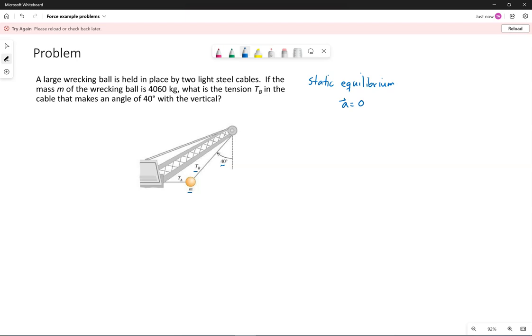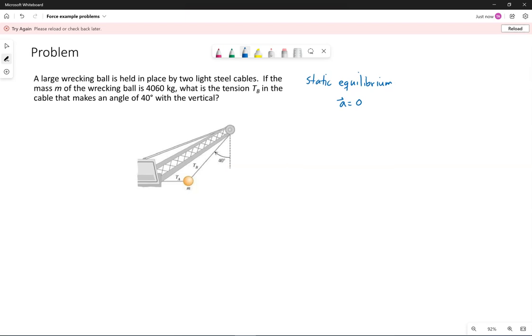It's not moving, it's not going to move, it's being held in place. So our approach, as it has been all along, is to draw the free body diagram, write the forces that represent net force equals ma, or in this case, net force is 0 because there is no acceleration.